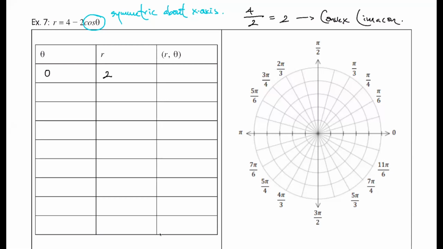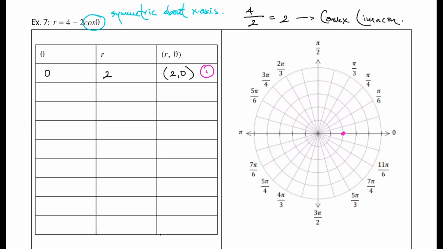That means the first point we want to plot is 2 comma 0. When I go to my graph, I'm going to go along the 0 and go 2 circles out, which means that point right there. So this is our first point.